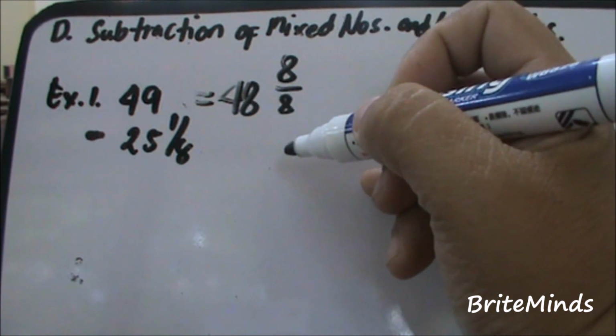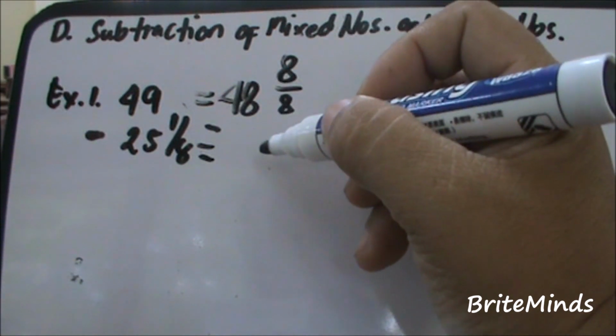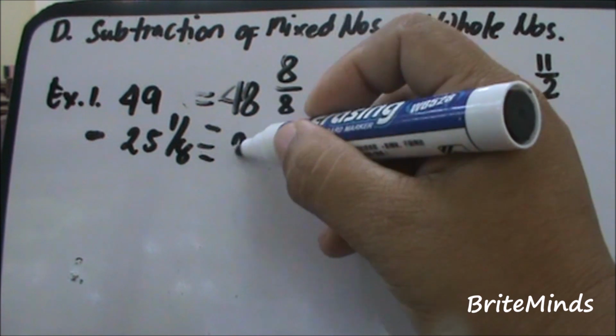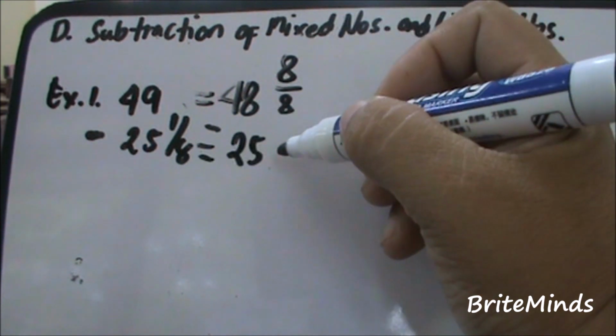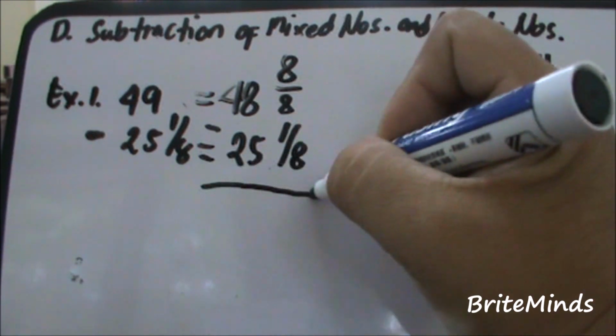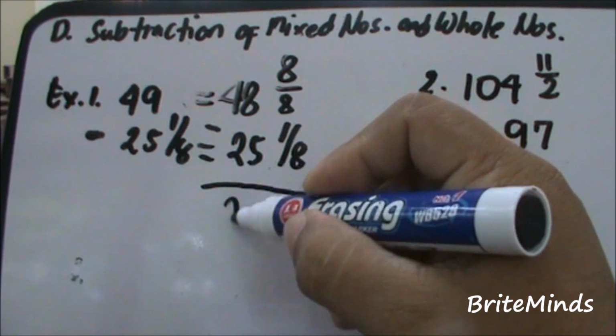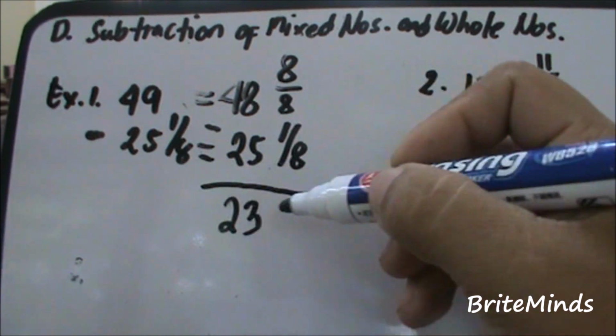So we have now 48 and 8 over 8. Then proceed to subtraction. Just copy the subtrahend, 25 and 1/8. So equals 48 minus 25, so it will be 23.